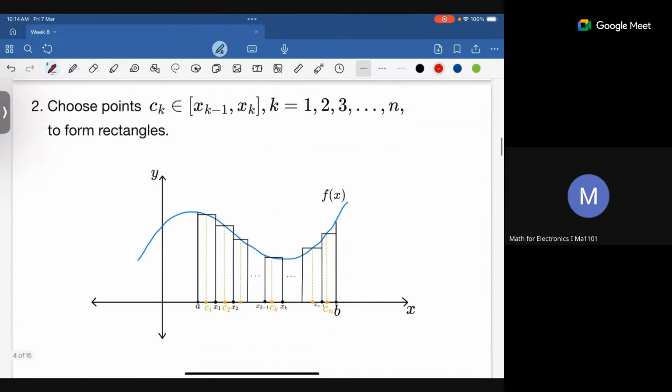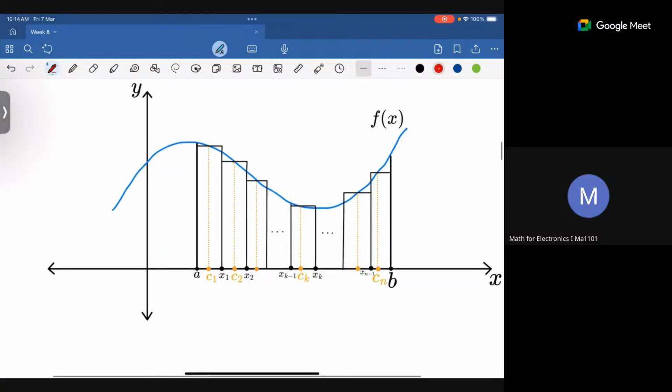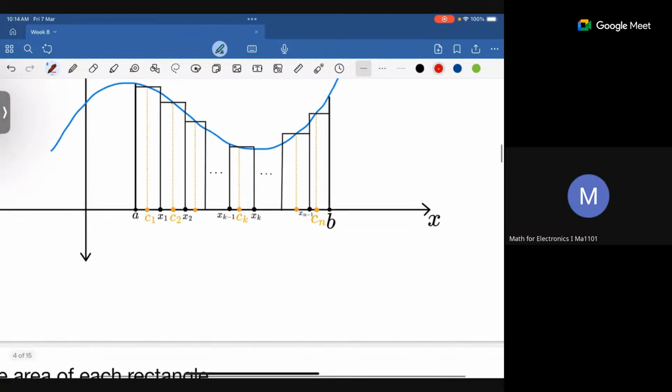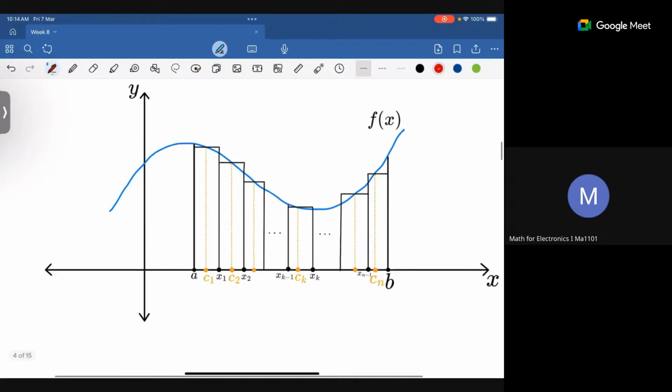After choosing x1 to xn minus 1, what we have to choose is another point, which are the Ck's, in each subinterval. If this is the first subinterval, A to x1, you have to choose some arbitrary point C1. It may not be the midpoint.